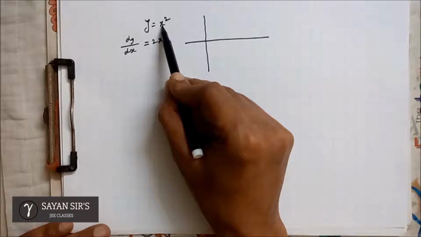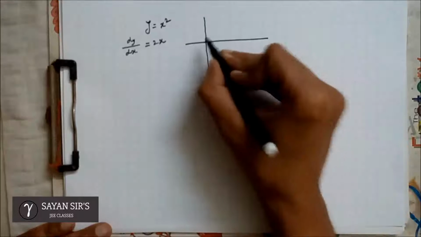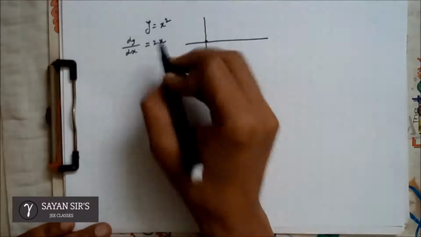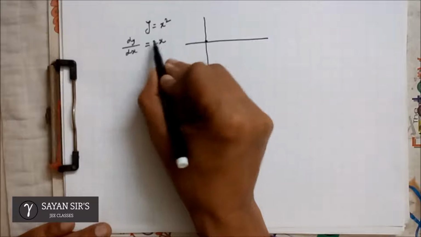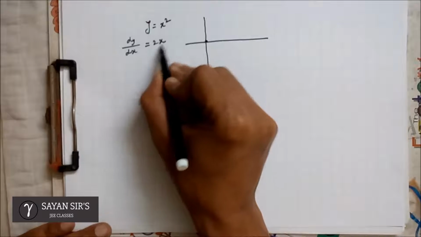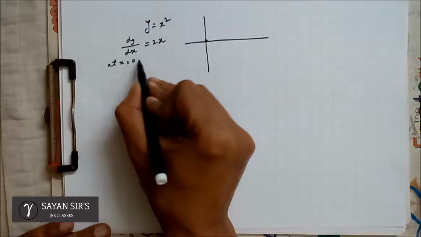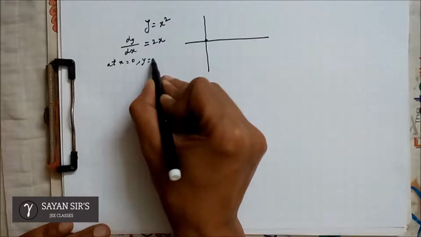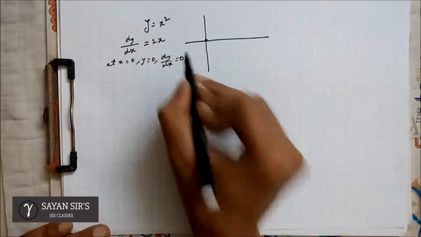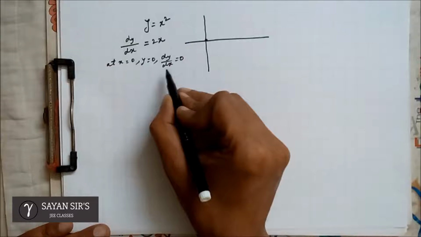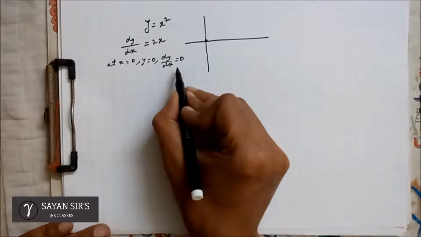At x equals 0, y equals 0, so the graph passes through this point, and at x equals 0 the slope is 0. So at x equals 0 my y is 0 and my dy by dx is also 0, which means the slope at the origin is 0.